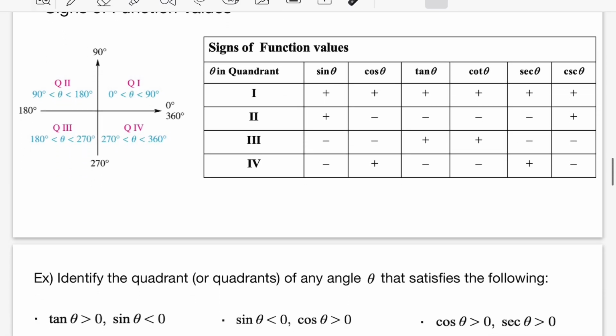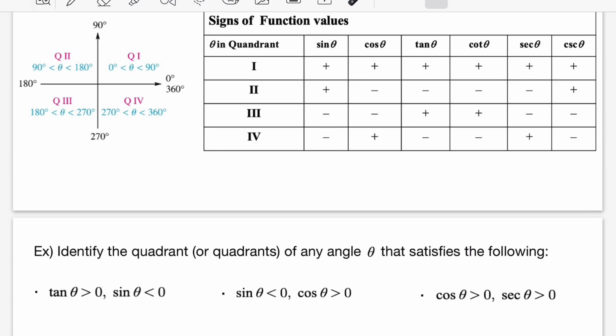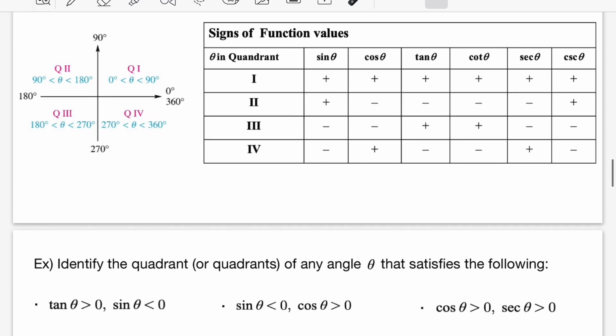So, for example here, with this information, we should be able to identify the quadrants of any angle theta that satisfies certain conditions. So for example here, if we have that tangent of theta is going to be positive, but sine theta is going to be negative, we want to figure out what quadrant this angle will lie in.